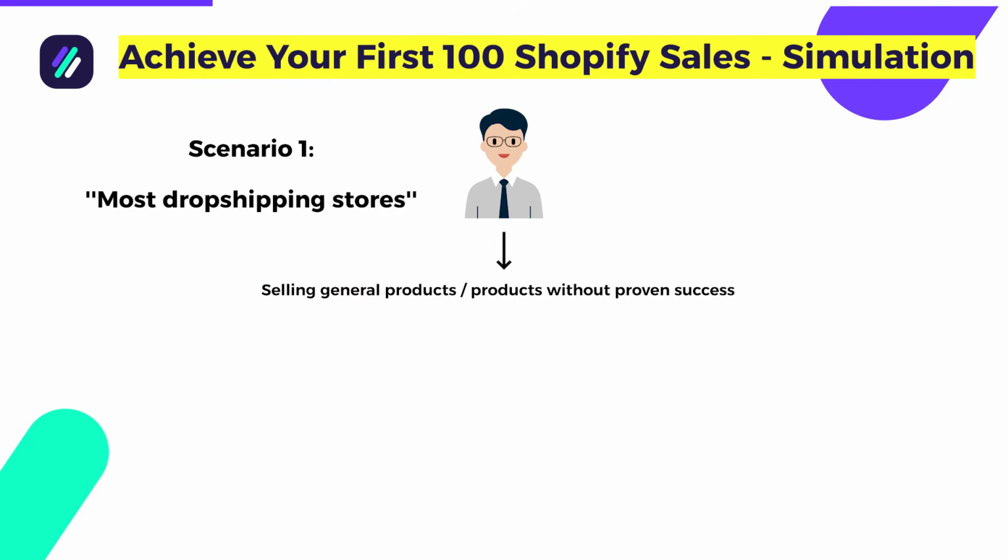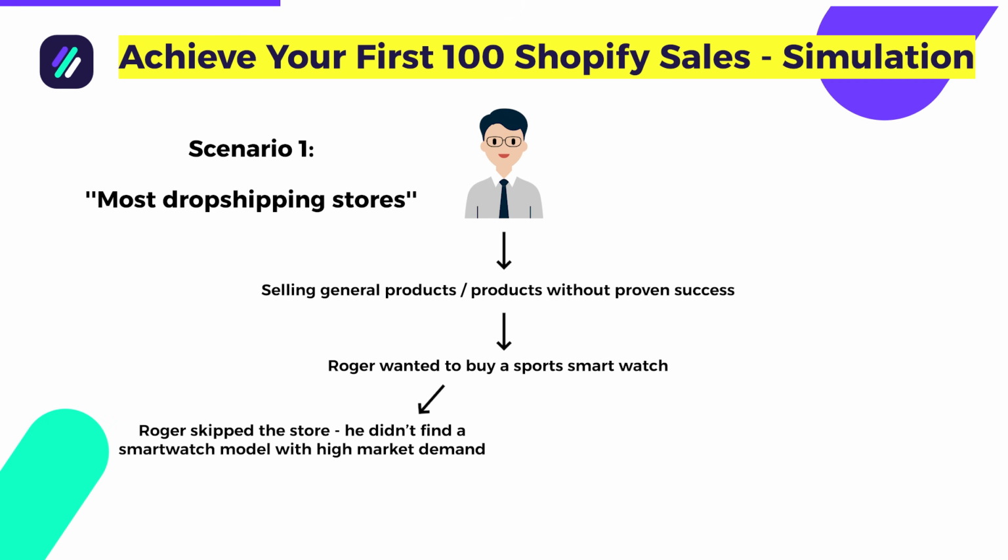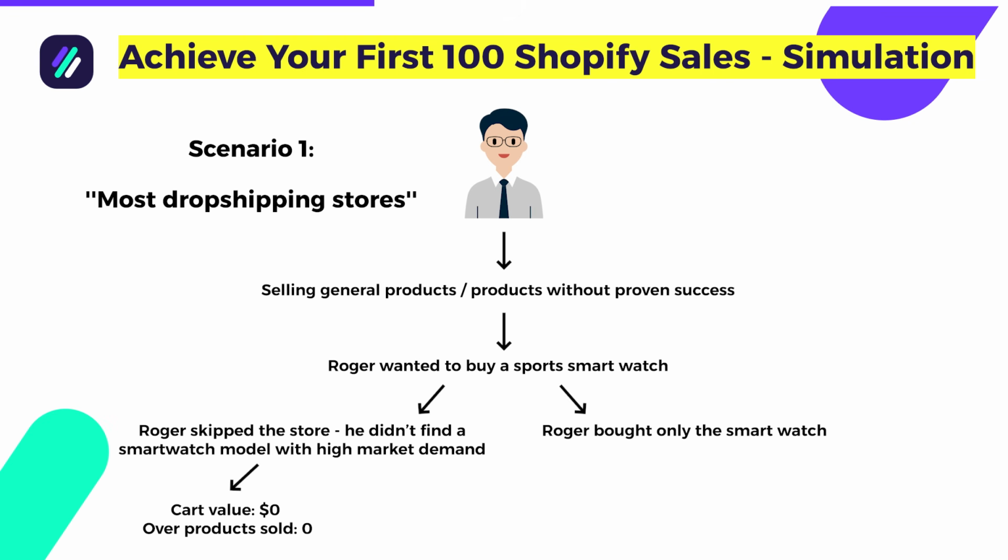Now, Roger enters one of these stores and he's looking to buy a smartwatch. Here is one of two things that can happen. Roger can skip the store because the smartwatch models are not trendy or don't fit what the market wants. And this leads to Roger leaving the dropshipping store. The result? $0 in cart value and 0 products sold. On the other hand, Roger can buy the smartwatch and that leaves the cart value at $90 and 1 product sold.